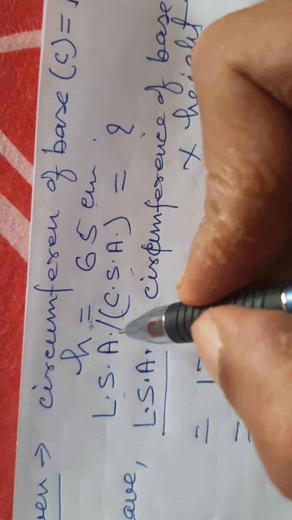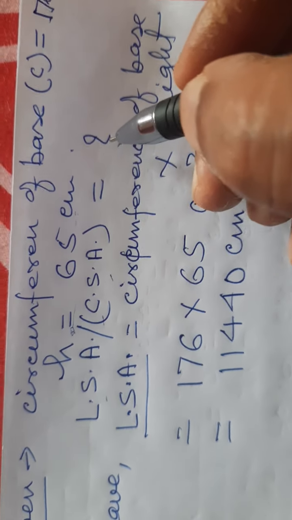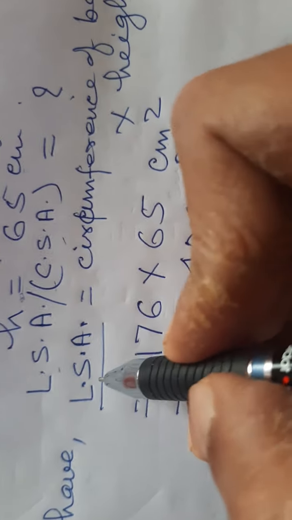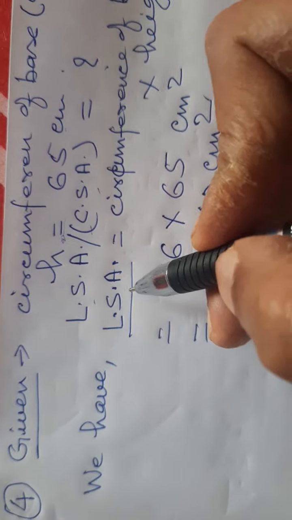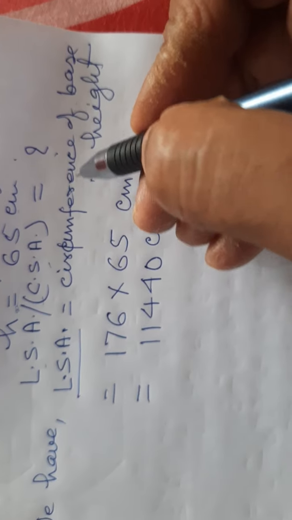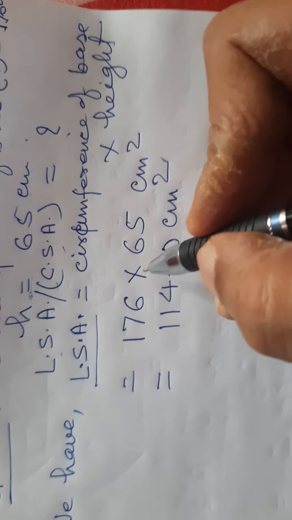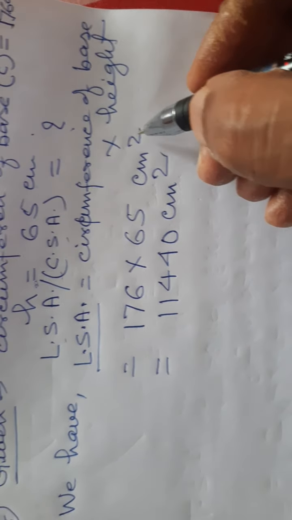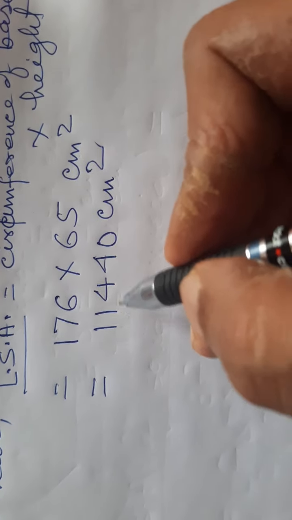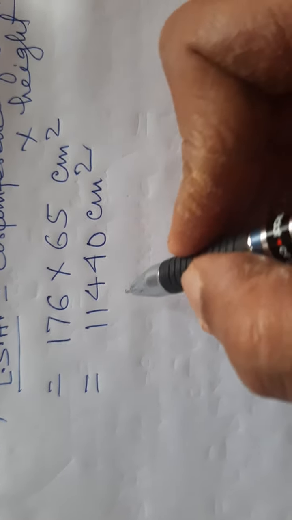Lateral surface area or curved surface area what? So we have lateral surface area is equal to circumference of a base into height, that is equal to 176 into 65 centimeter square, that is equal to 11,440 centimeter square.